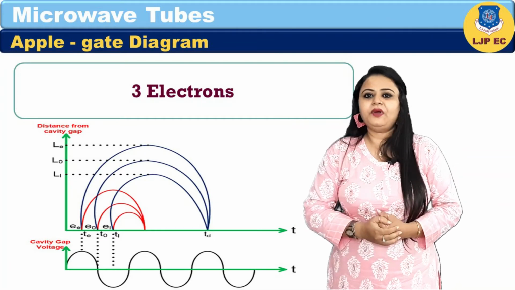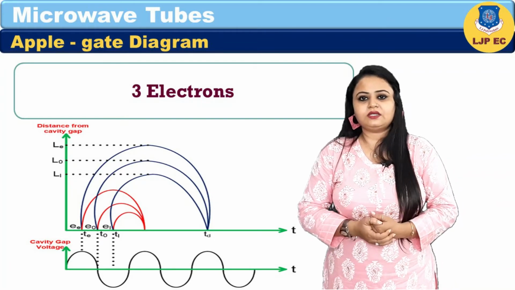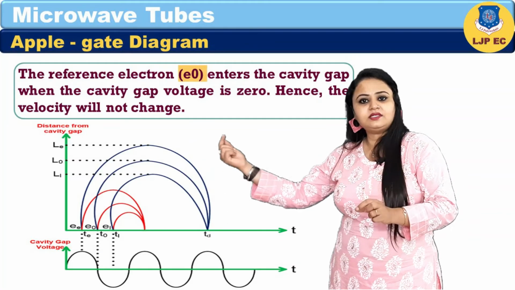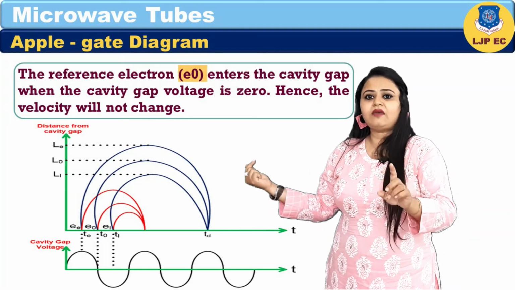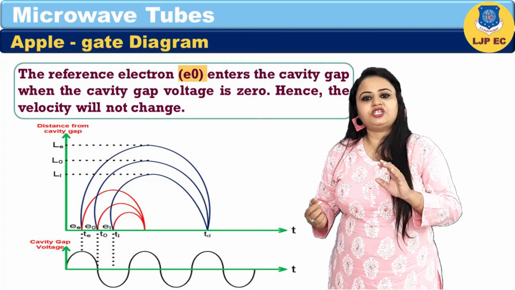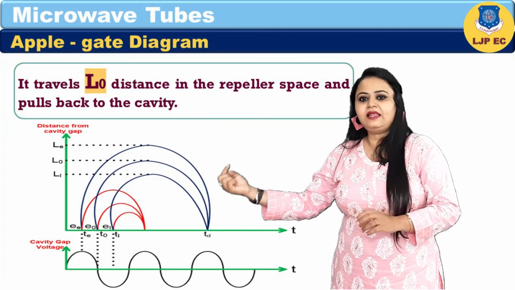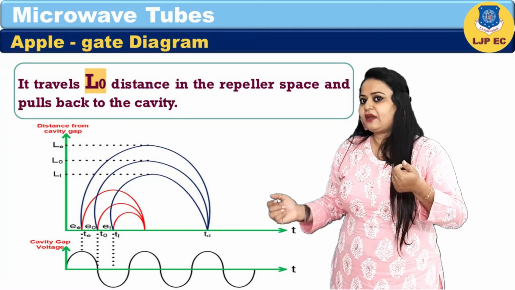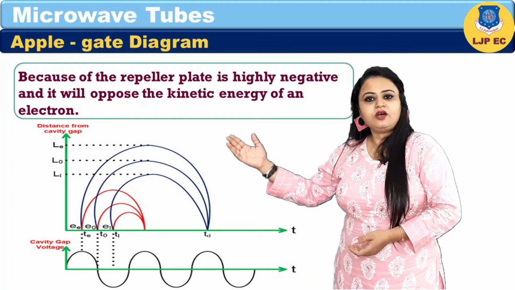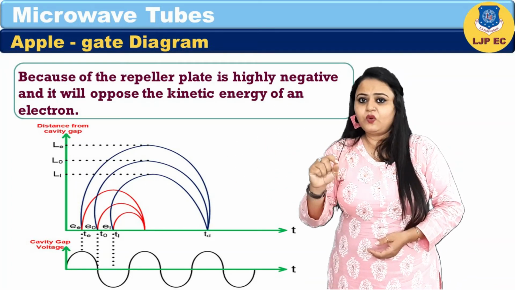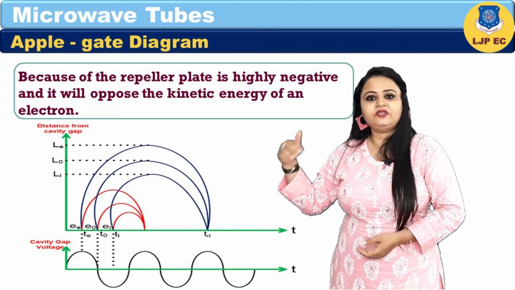Let's take an example of 3 electrons. The reference electron E0 enters the cavity gap when the cavity gap voltage is 0. Hence, the velocity will not change. It travels L0 distance in repeller space and is pulled back to the cavity.